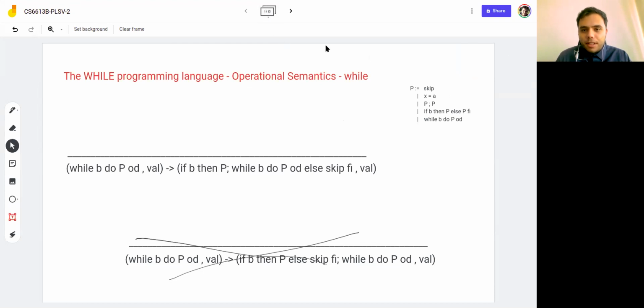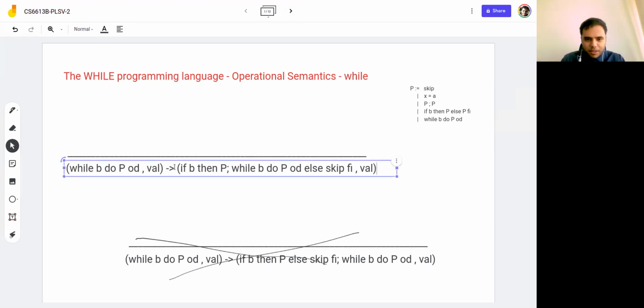This was the only thing that I wanted to say about this small step operational semantics that we had. But now let's go one step further and make this even nicer.